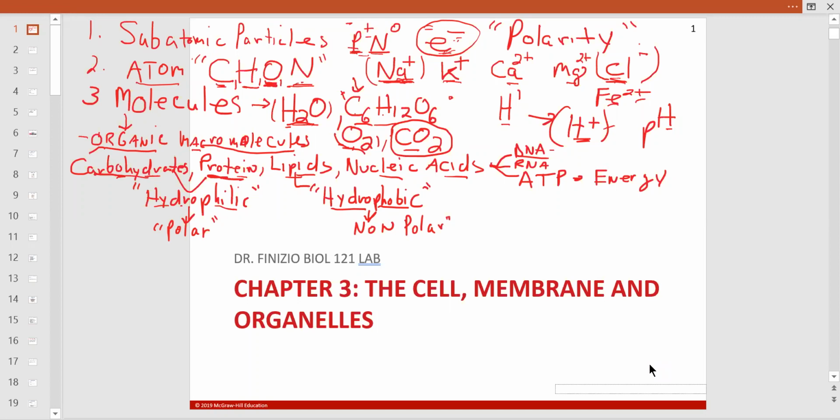I know this is difficult. Lipids are hydrophobic and non-polar. Carbohydrates and proteins are hydrophilic, and they're also lipophobic. And of course, all lipids like testosterone or estrogen are lipid soluble. Means they blend right in.